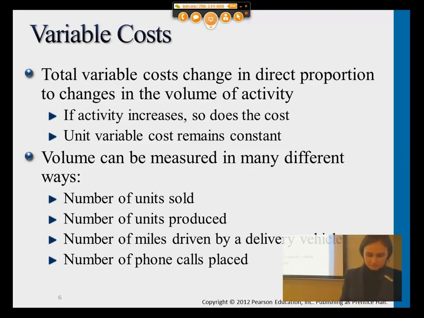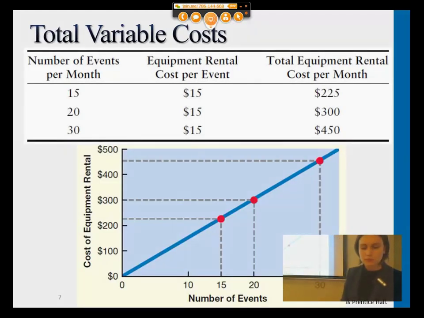All right, so let's look at the illustration. So we have this table and a graph, and they both illustrate the total variable costs. So let's look. On the very top, right, we have number of events. Let's say this is a company who is, I don't know, performing songs or something like that.